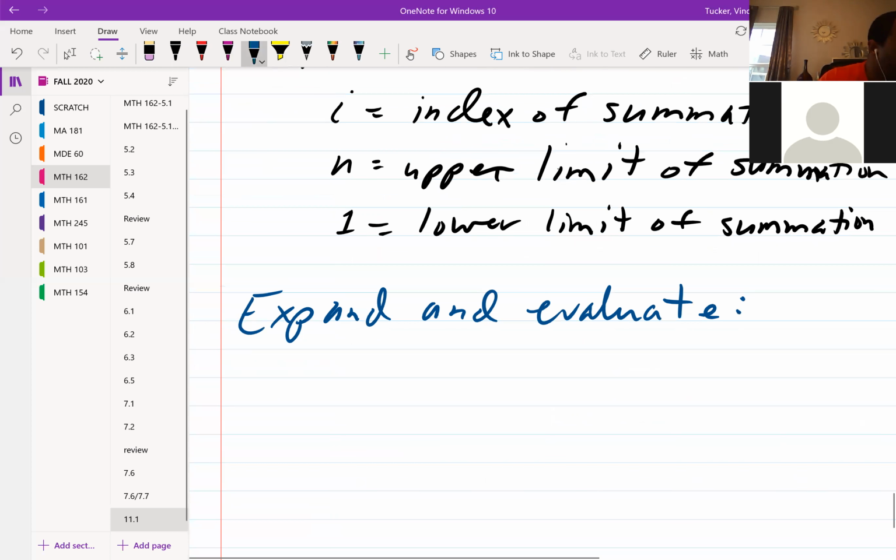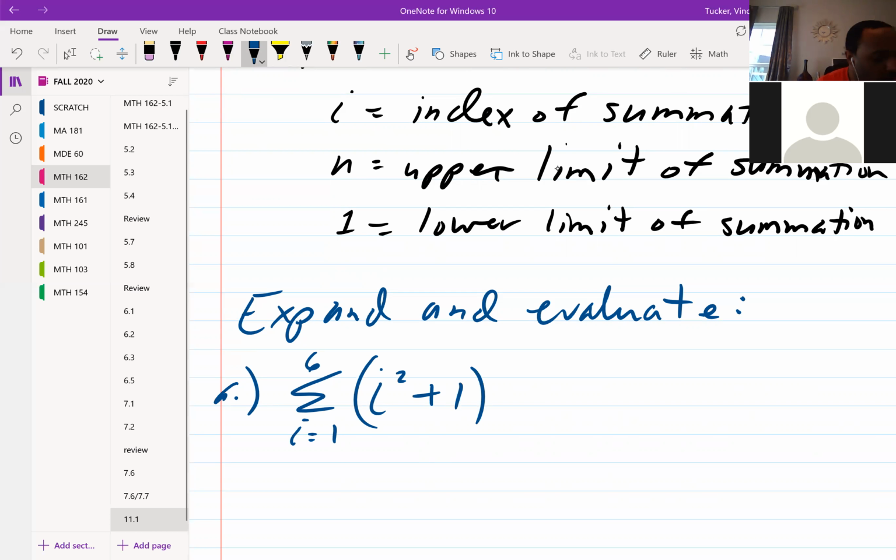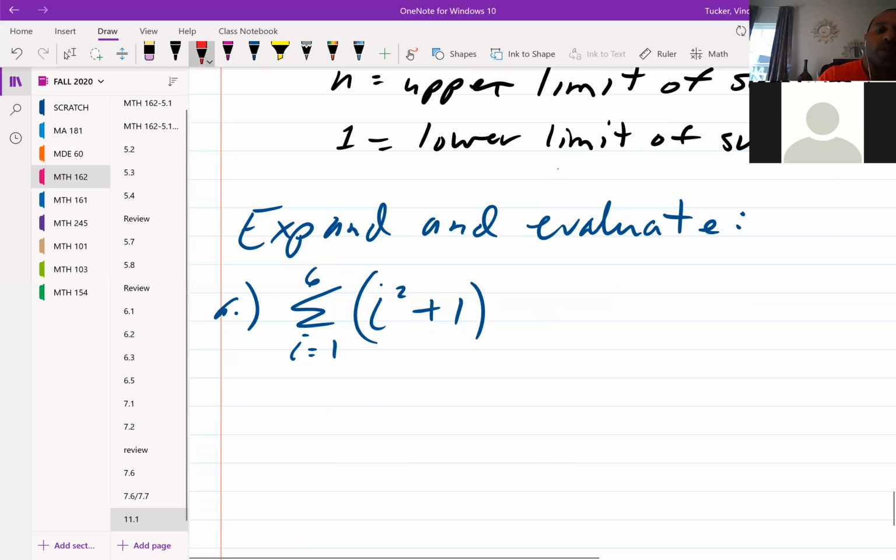All right, so we want to expand and evaluate. For the first one, we have the summation from 1 to 6 of i squared plus 1. All right, so I have room, bring it down here.